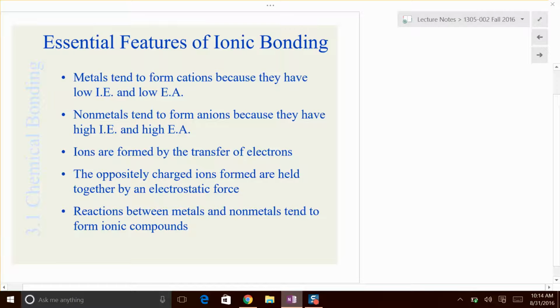Okay. Now, this has to do with another trend of the periodic table. Did we already talk about that? Electron affinity, ionization energy, and electronegativity. It has to do with the electronegativity. Fluorine has a high electronegativity.